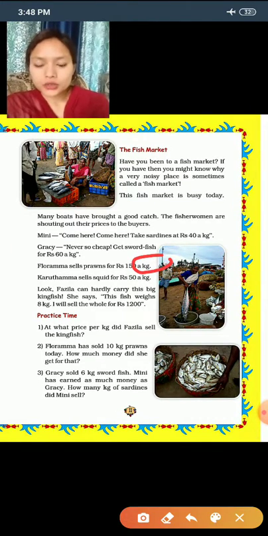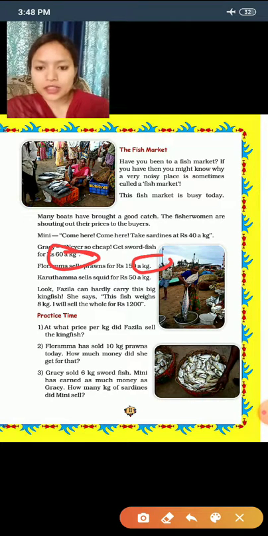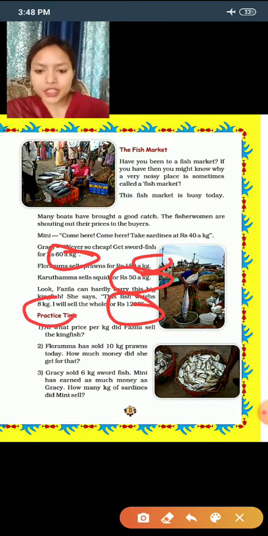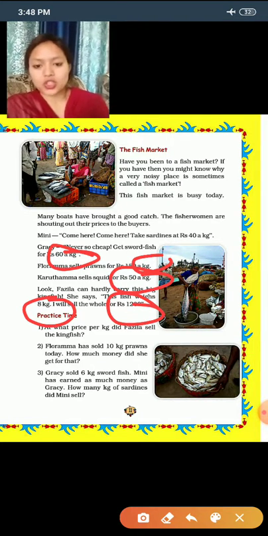And these swordfish are 60 a kg. Squid are 50 a kg. And these kingfishes are 1200 for 8 kg. Now for this we will find the 1 kg price also.